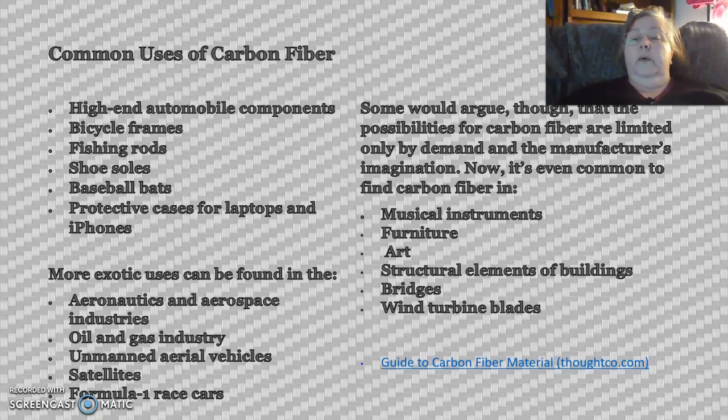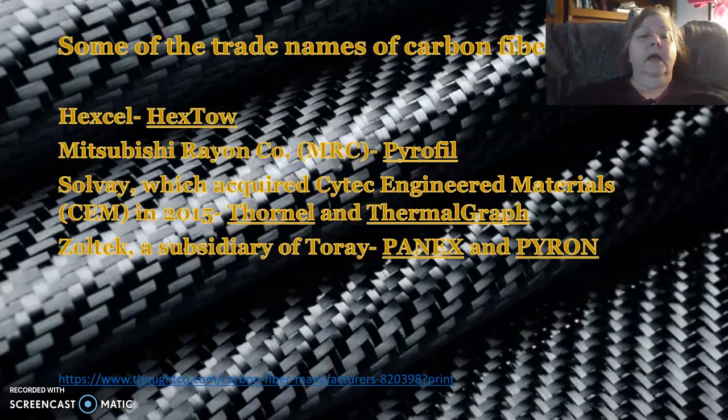Some would argue, though, that the possibilities for carbon fiber are limited only by demand and the manufacturer's imagination. Now it's even common to find carbon fiber in musical instruments, furniture, art, structural elements of buildings, bridges, wind turbine blades. Some of the trade names of carbon fiber are Hextow, Pyrophil, Thornell, Thermographs, Panex, and Pyron.